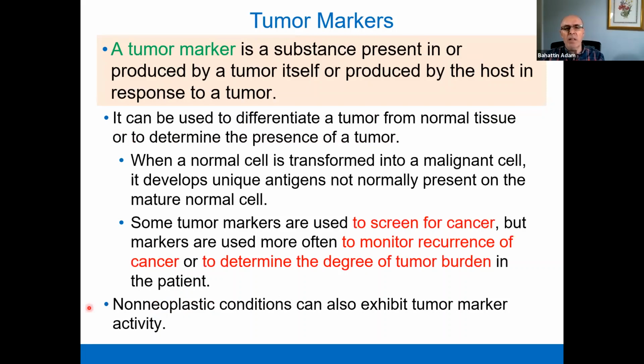There are tumor markers that we measure, mostly to monitor the treatment of cancer. Some are used to screen for cancer, but most of them are used only to monitor.